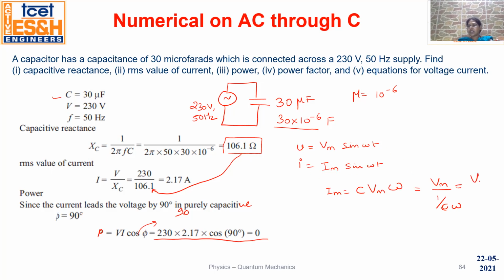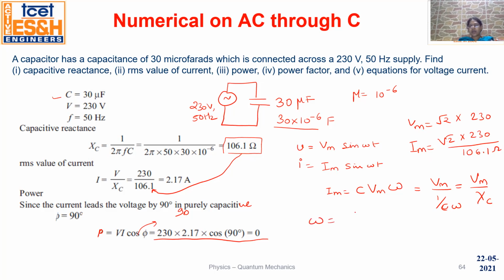Okay. So how can you find Vm? Vm is root 2 multiplied by the RMS value 230. Now how can you find Im? Im is equal to root 2 multiplied by 230 divided by Xc, which is 106.1. So this is the Im.